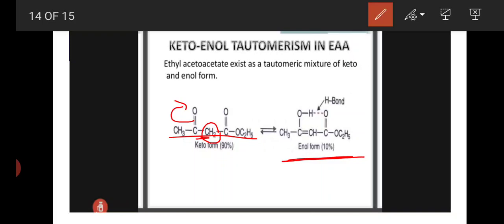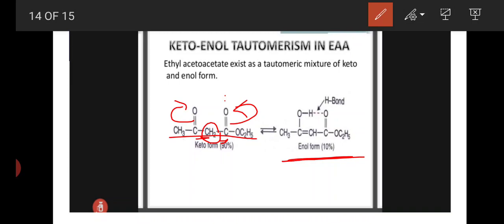Another chance is also there: if the hydrogen is shifted to the right side, the pi bond shifts to oxygen and the proton binds here. Both are the same, both are enol forms. Here two chances are there, left or right, but when the proton migrates from carbon to oxygen, the enol form is formed.